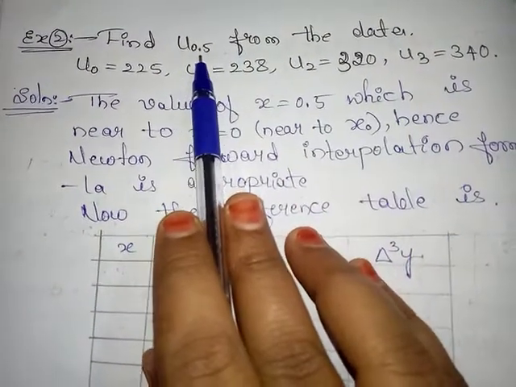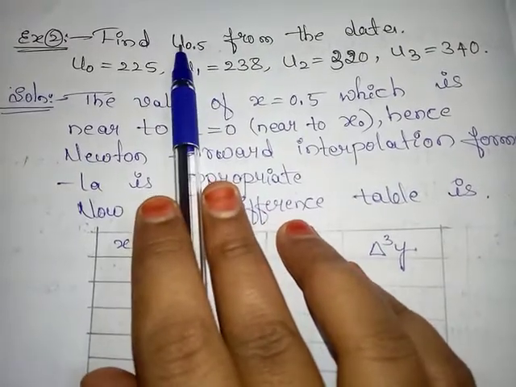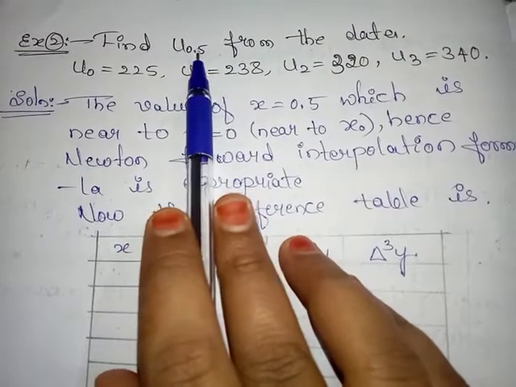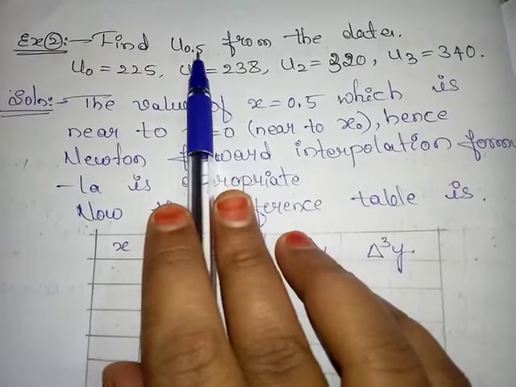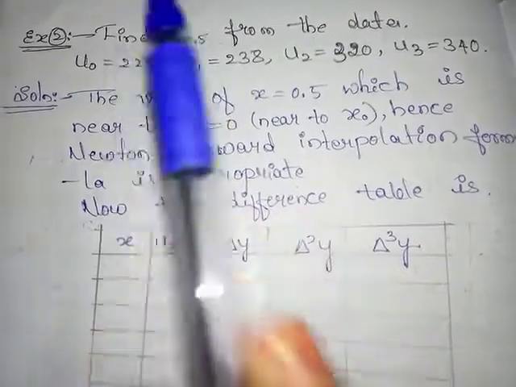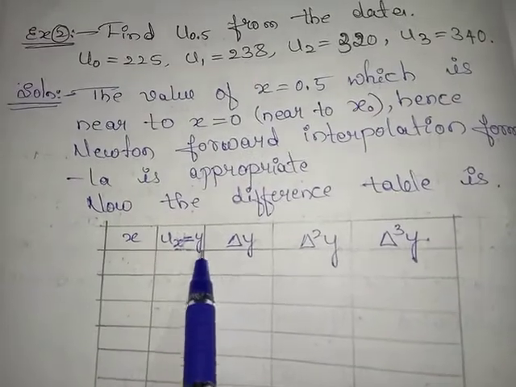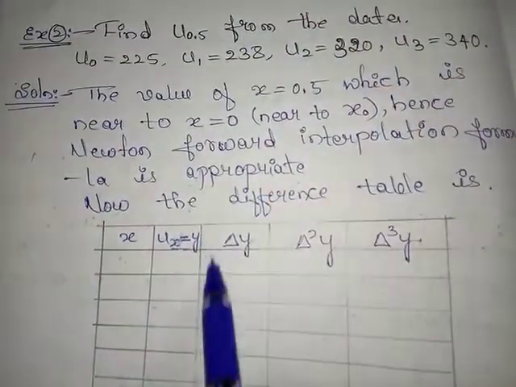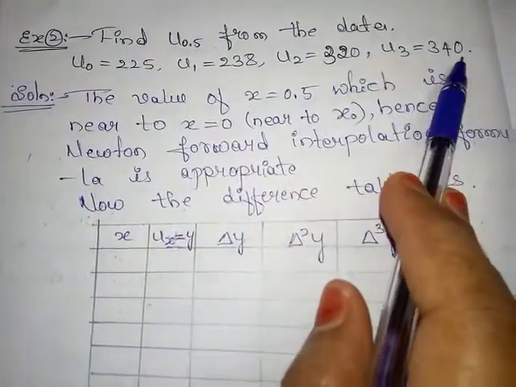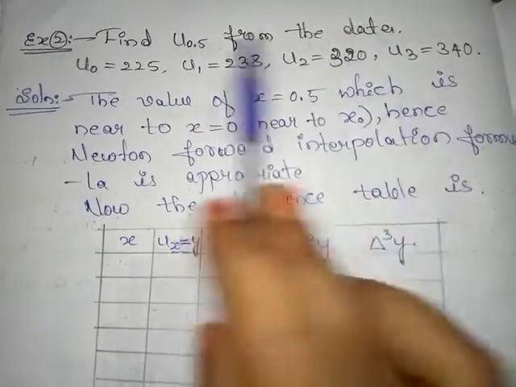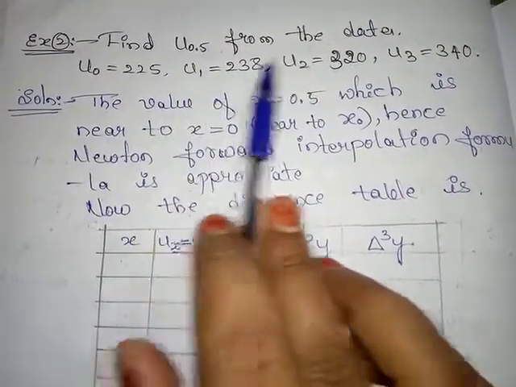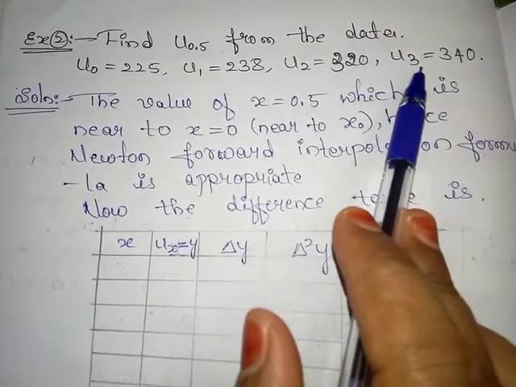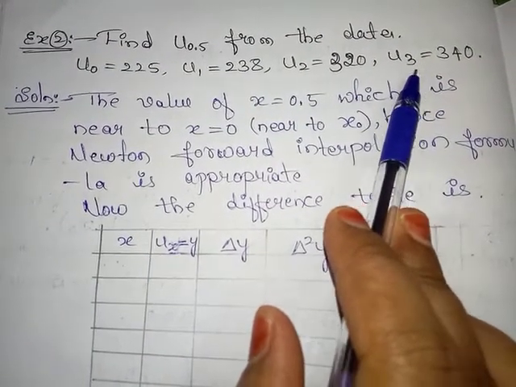Here yr is given in the form of u, so ux is equal to y. Here u indicates y, and these are the values of y, and 0, 1, 2, 3 are the values of x.